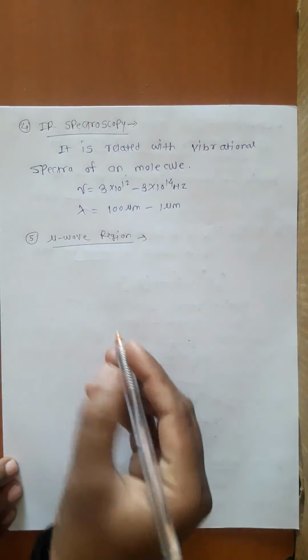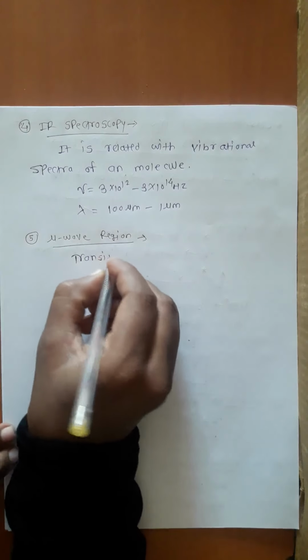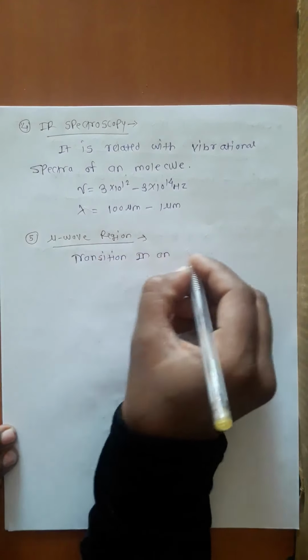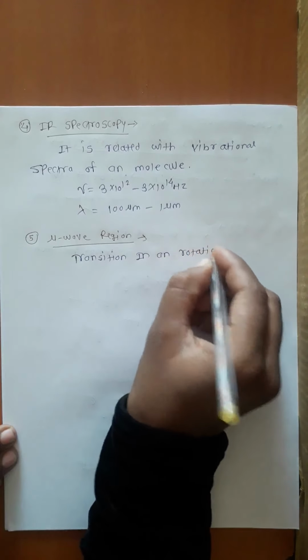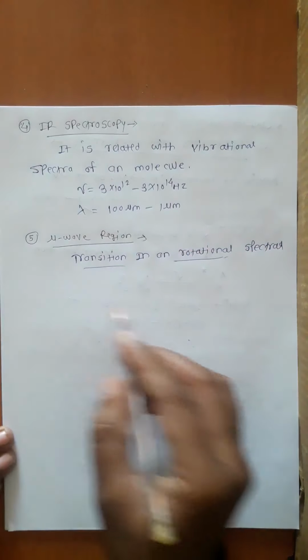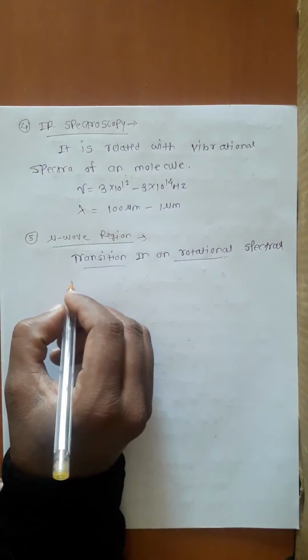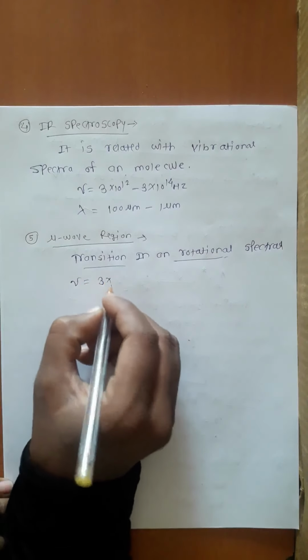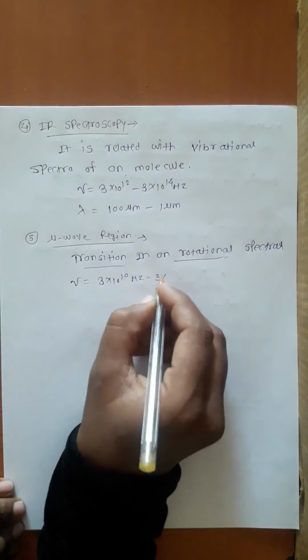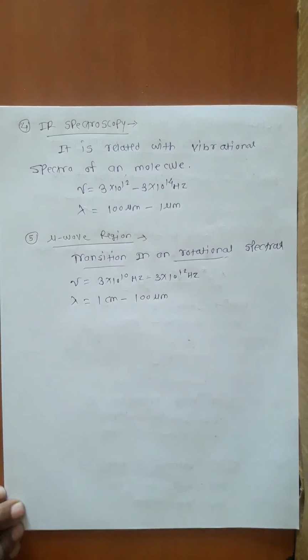And the frequency of this microwave region is 3 into 10 raised to 10 hertz to 3 into 10 raised to 12 hertz, and the wavelength is 1 centimeter to 100 micrometer.